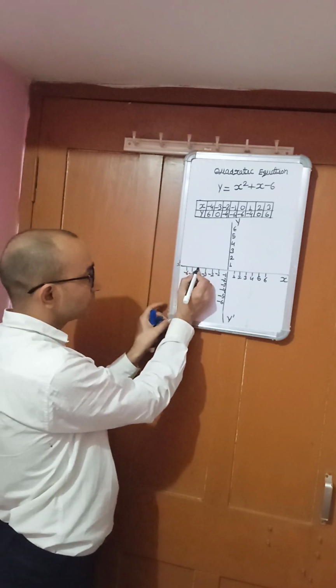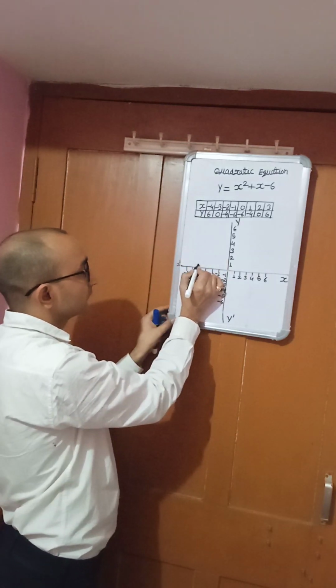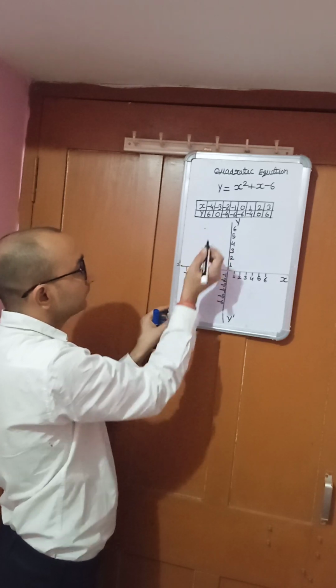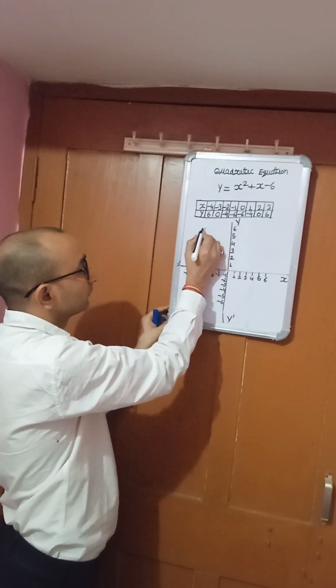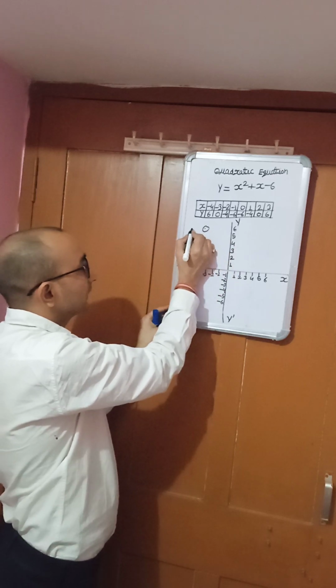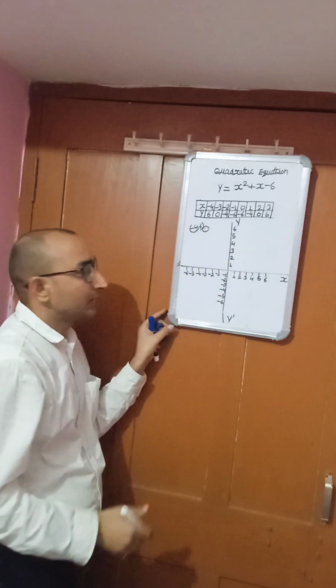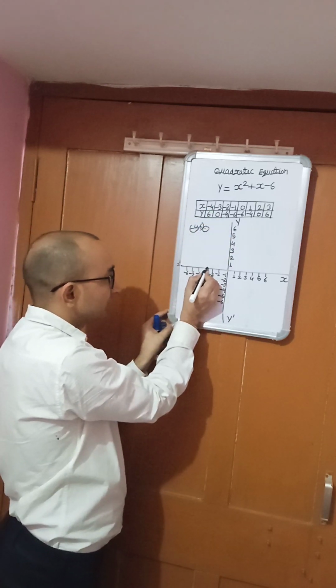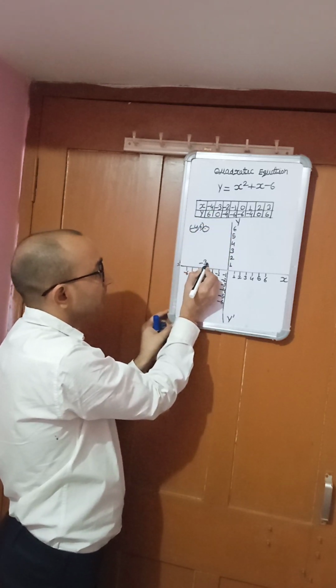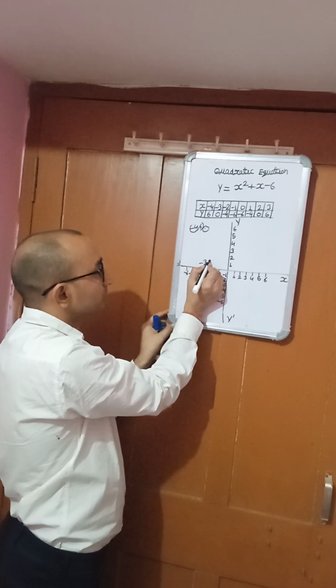So here x equals minus 4, y equals 6. X equals minus 3, y equals 0.